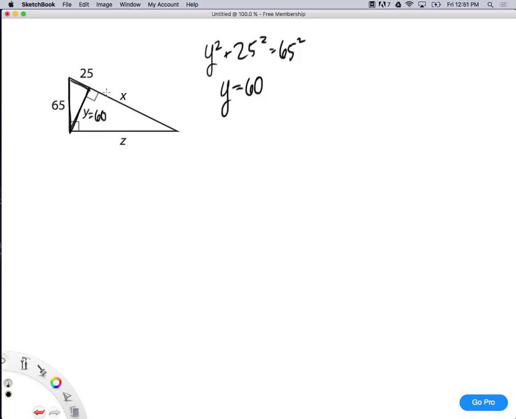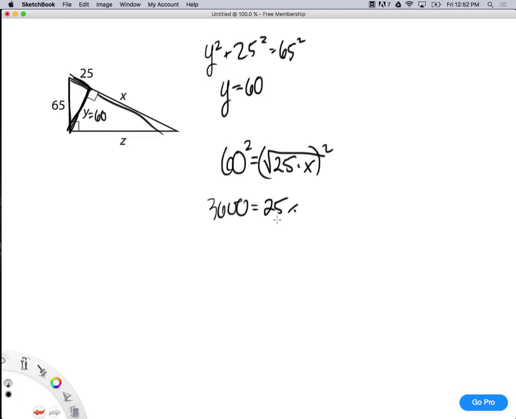Now that I have this, I do this side equals the square root of this times this. So 60 equals the square root of 25 times x. Does this make sense to you guys? Because the altitude equals the square root of this times this. So 60 equals the square root of 25x. I square both sides. I end up with 3600 equals 25x.